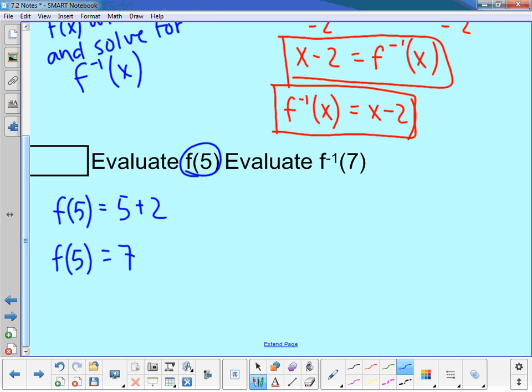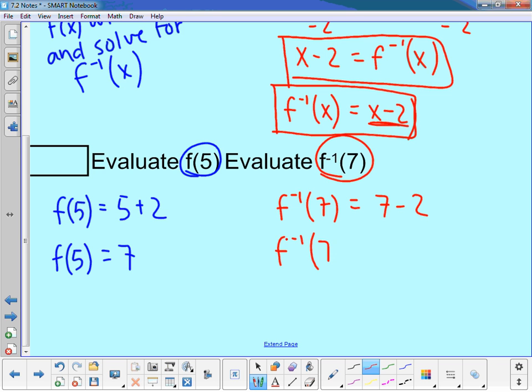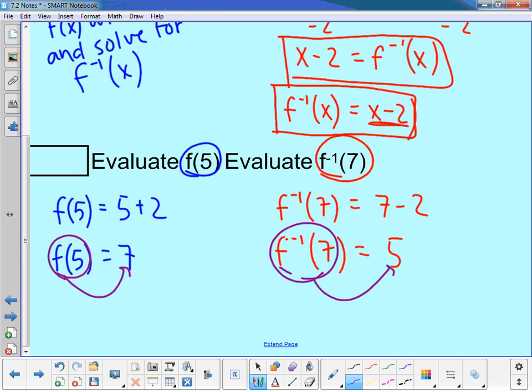Now if I take the inverse function and plug in 7, I have f inverse of 7 equaling 7 minus 2, because that's my function there. The inverse is equal to 5. So you can see that when we had the function of 5, it led us to 7. When I take the inverse of 7, it led us back to 5. So it's like our x and our y values have been switched.